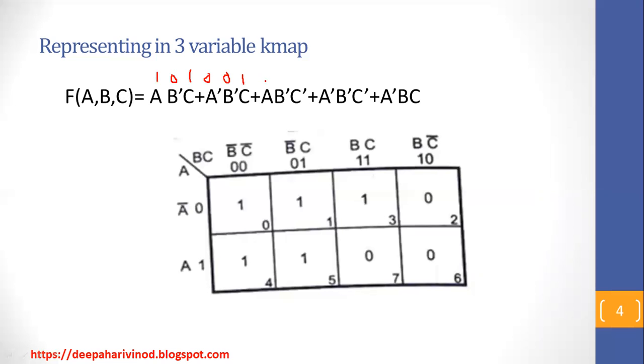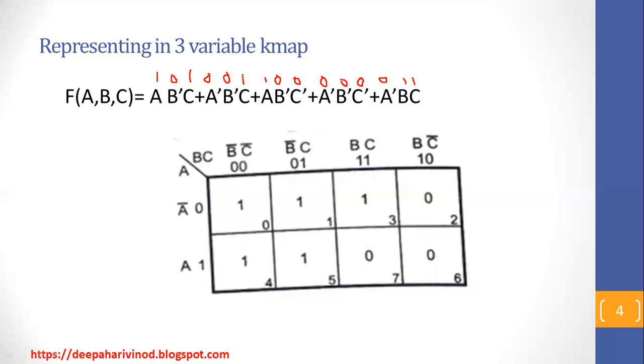This is 1, this is 0, and this is 0. This one is 0, 0, 0, and the last one it is 0, 1, 1. So 101, check it out. 101 represents 5, isn't it? Decimal 5. So the fifth cell is 1.